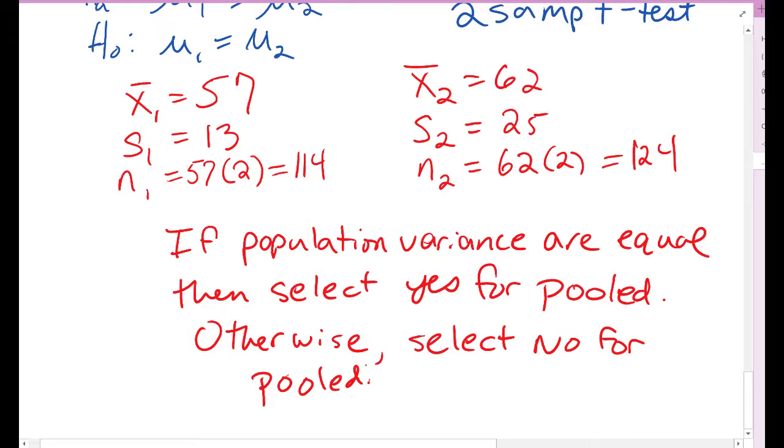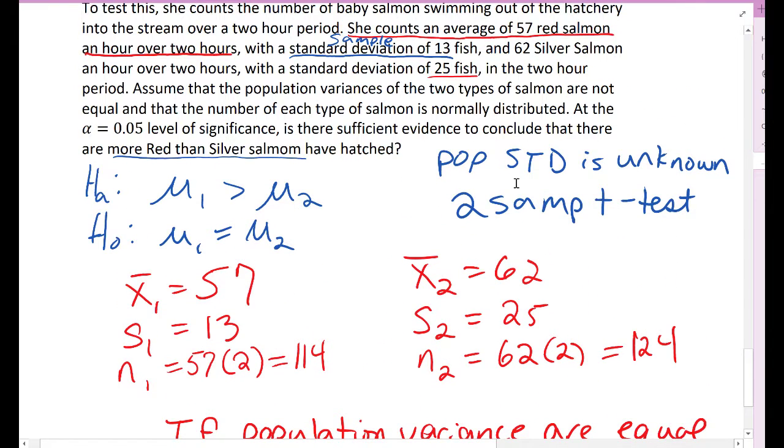Okay, so that's what pooled is, and I won't get into the deep details about it, but what's going to happen is they're going to give you a statement, a sentence. Right here: assume that the population variances of the two types of salmon are not equal, and that the number of each type of salmon is normally distributed.